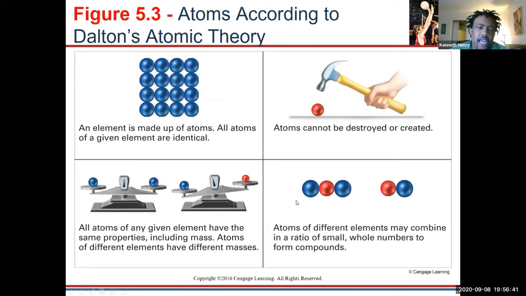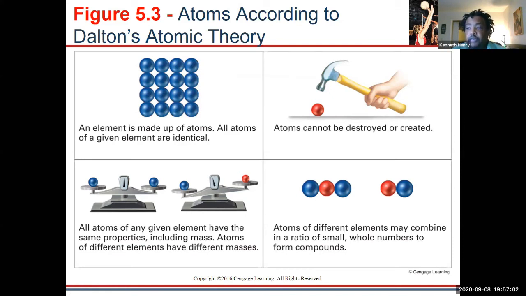Okay, so this is just kind of depicting what he was saying. The very first one is just like all elements are made up of atoms. All atoms of a given element are identical in every aspect. Down here, all atoms of a given element have the same properties, including mass.